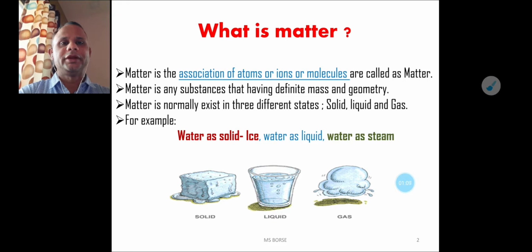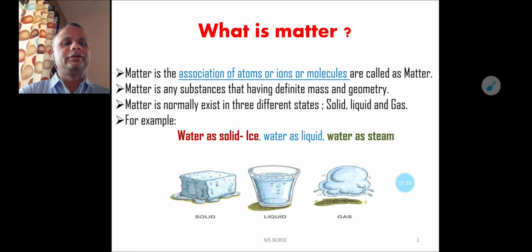Water is also matter. Next example is ions, that means salt, sodium chloride, that is Na plus and Cl minus ions. These are the particles. On the basis of this, we can simply define matter: the association of these particles like atoms, ions, molecules is called matter.